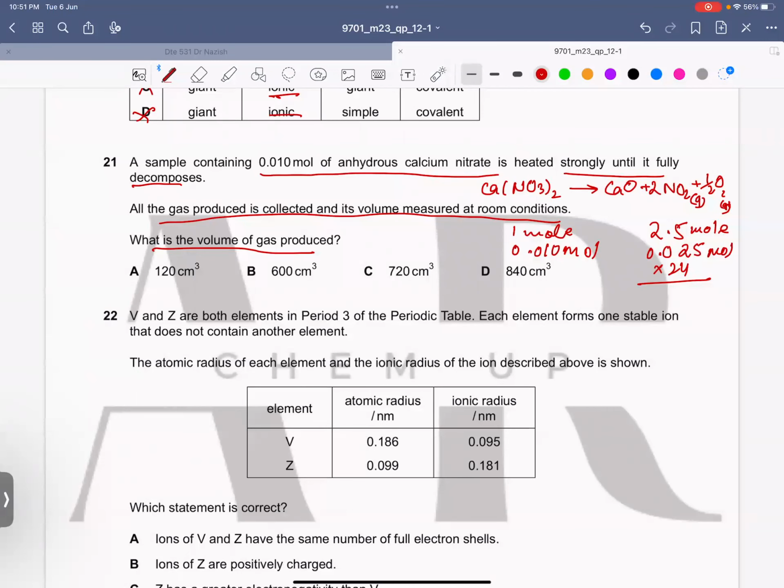Can anybody multiply it and tell me the answer?